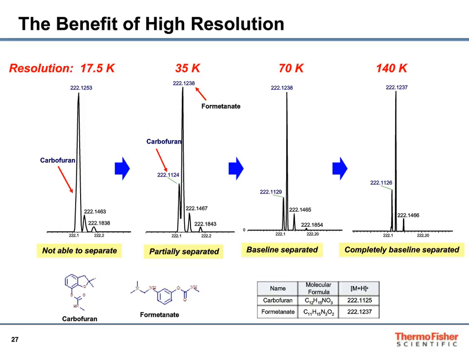When we use 35,000 resolution, these two peaks are partially separated. When we increase to 70,000 resolution, they are baseline separated. And when we use 140,000, they are completely baseline separated. So this is a very good example of how you can do accurate, confident component identification using a high resolution mass spec.